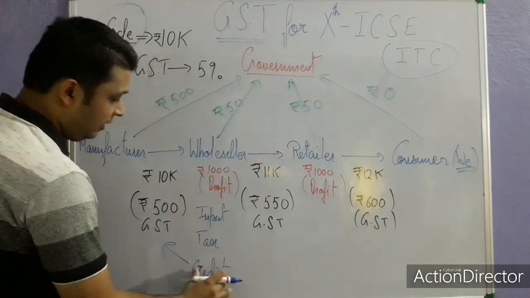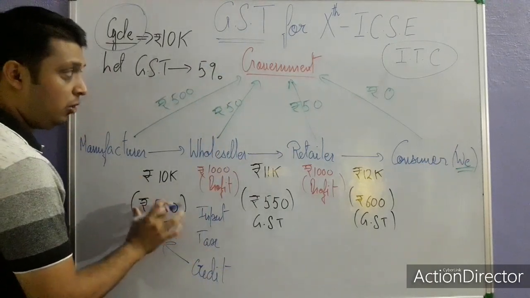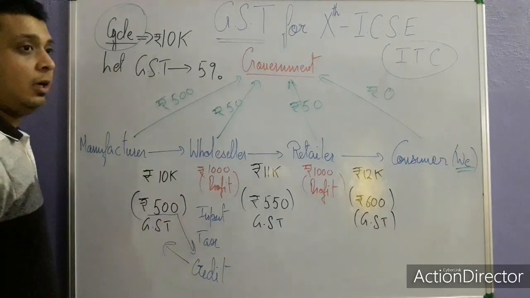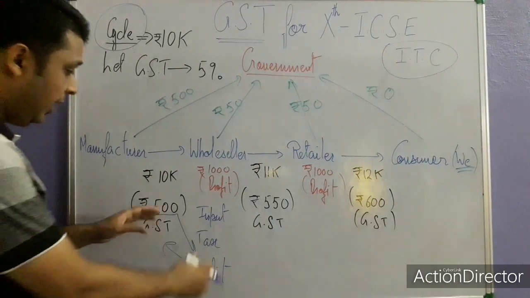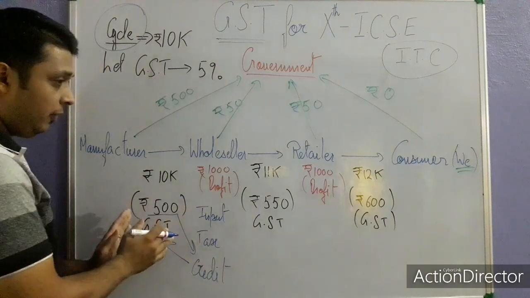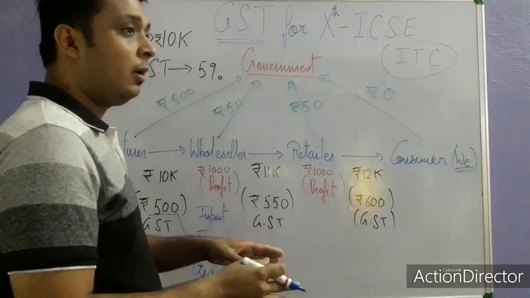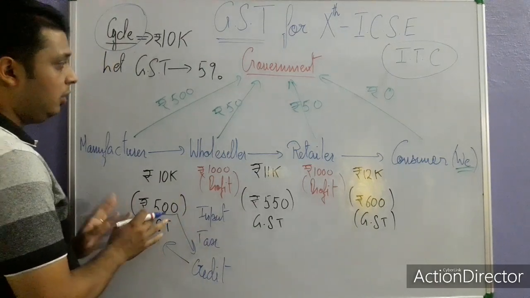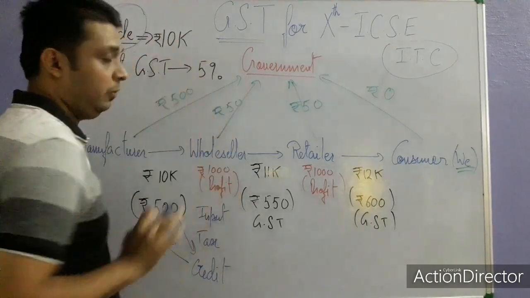Now he has already paid 500 to the government. So this 500 is the credit. I hope the things are clear. He has already paid this much amount. Now you only have to pay 50 rupees.